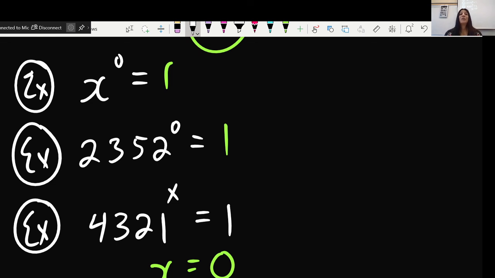Yes, question? Why is it that when you put something to the power of 0, it makes it 1? Okay, that is a really good question, and this is so not going to be satisfying, but you're not going to know until grade 12, because the thing that will help you to understand this, I feel like this is true of most concepts. To understand it, you have to go full circle and to be able to do the opposite of it, and doing the opposite of it involves something called logarithms.